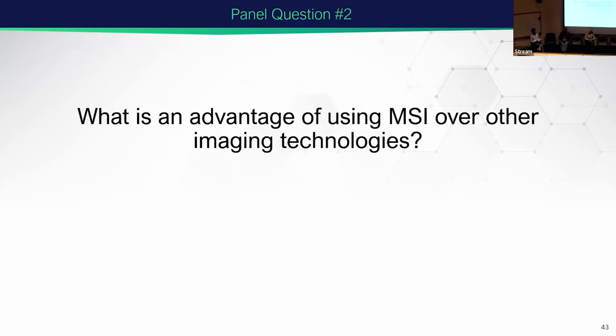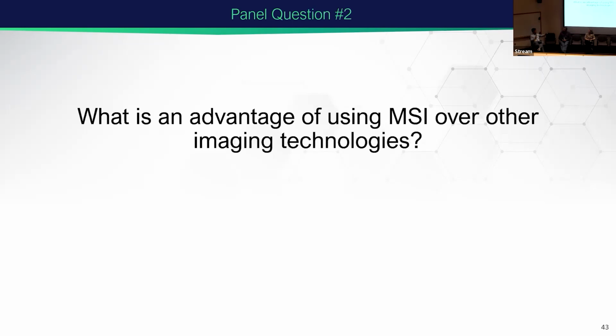What brought you to mass spectrometry imaging 10, 15 years ago? And what do you think is the biggest advantage? On top of the chemical imaging and untargeted analysis that was already talked about, I think another big advantage is multiplexity. If you're doing optical imaging, let's say fluorescence imaging, maybe the best colors you can label might be 5 or 10, but you cannot image more than 10 compounds at the same time because of the bandwidth of the light.